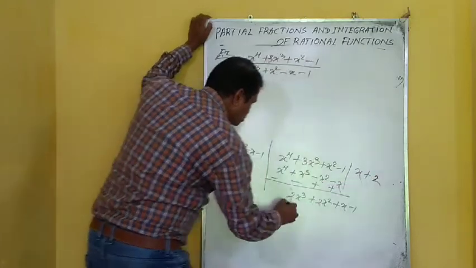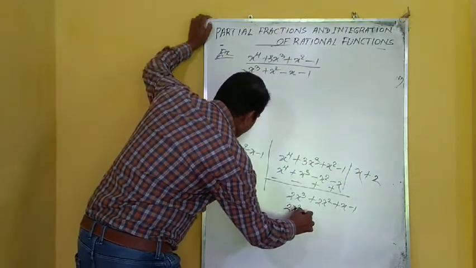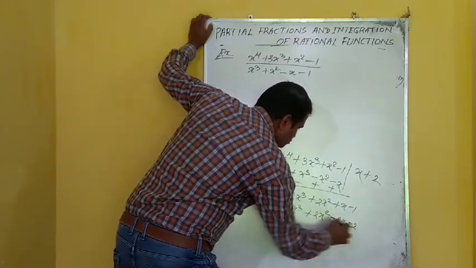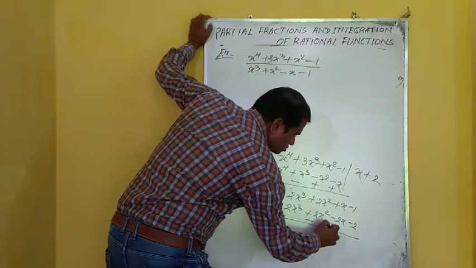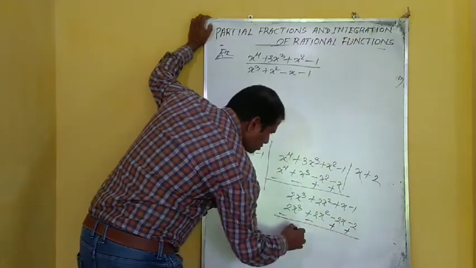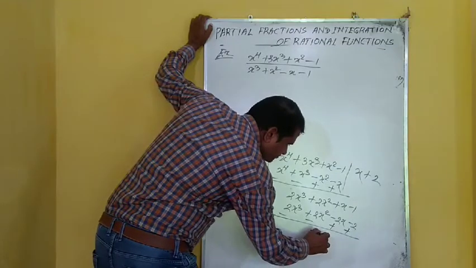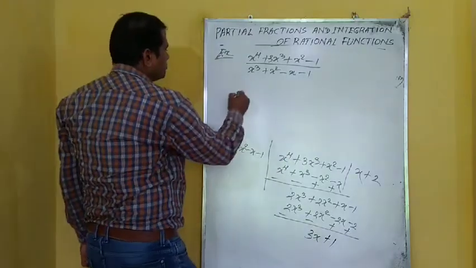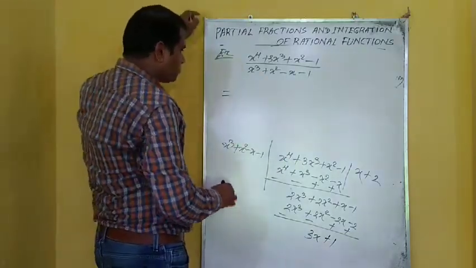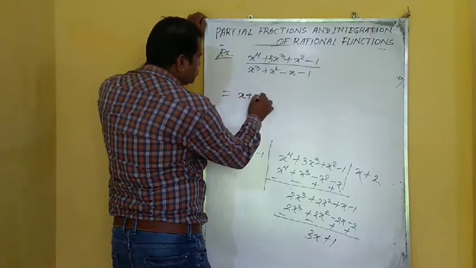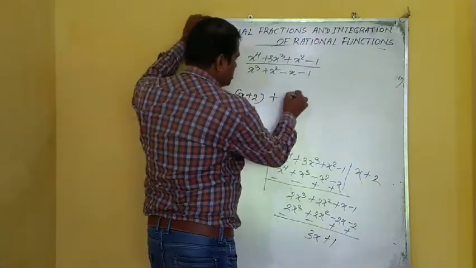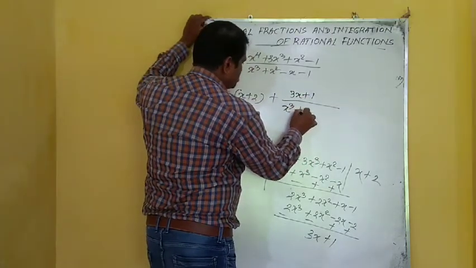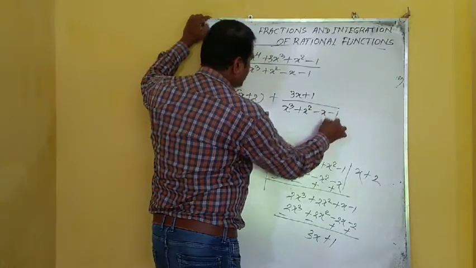Then plus 2, so we get 2x cube plus 2x square minus 2x minus 2, that is minus plus plus, so we get 3x plus 1. Okay, so we write it as x plus 2 plus 3x plus 1 divided by x cube plus x square minus x minus 1.